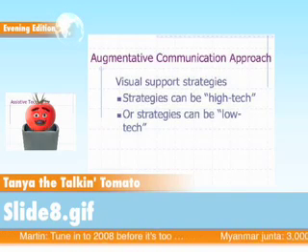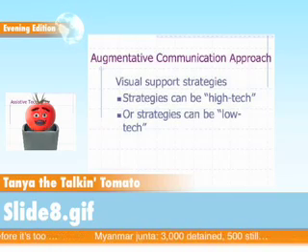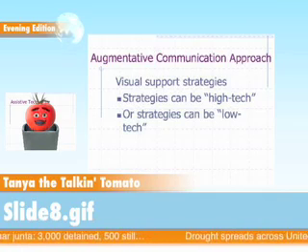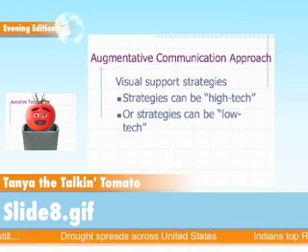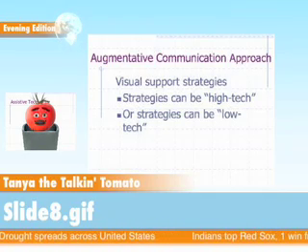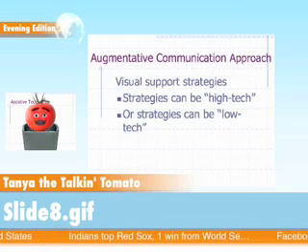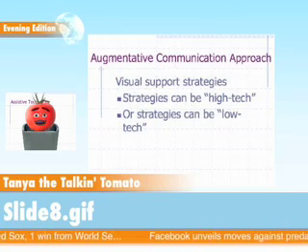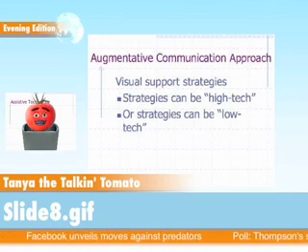Visual support strategies are one strategy under the approach of augmentative communication. Remember, augment means to add to, to improve, to make better. Visual support strategies are all about being able to see these things.